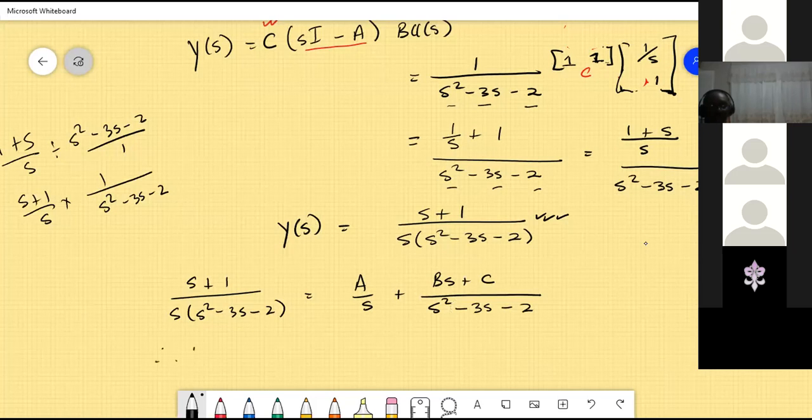So A into s squared minus 3s minus 2 plus s times Bs plus C is equal to s plus 1.